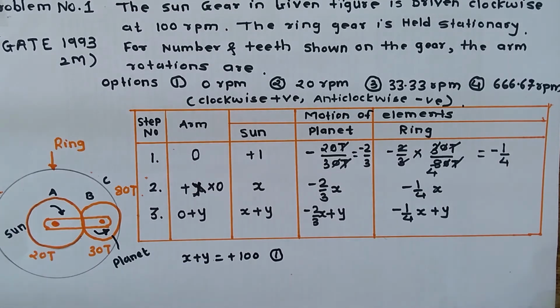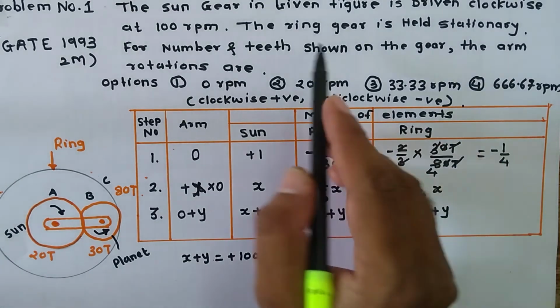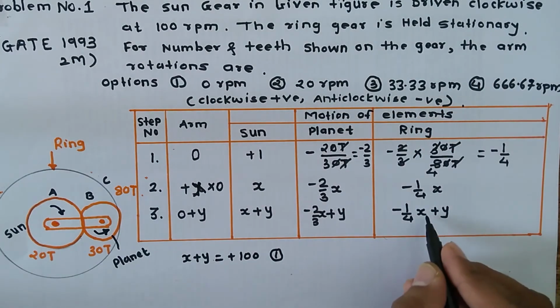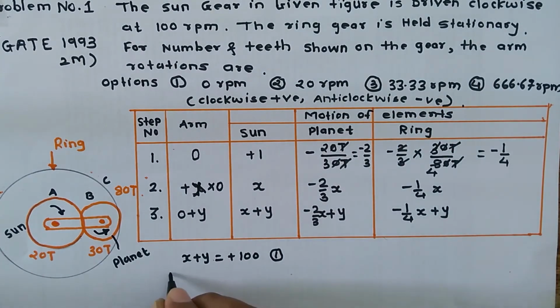Condition number 2 of this problem is that the ring gear is held stationary. So -1/4 x + y = 0.